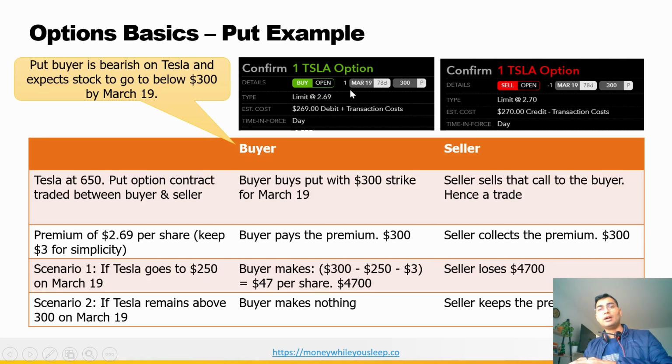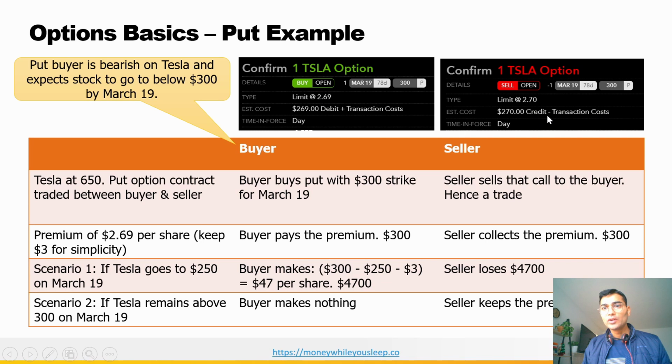At the same time, somebody is selling this particular contract to this buyer, and is selling this contract on the 300 strike price, this particular put, and minus represents selling, plus represents buying, right? And the buyer is giving a premium of $2.69 per share and $269 for 100 shares, and the seller is getting that particular premium.